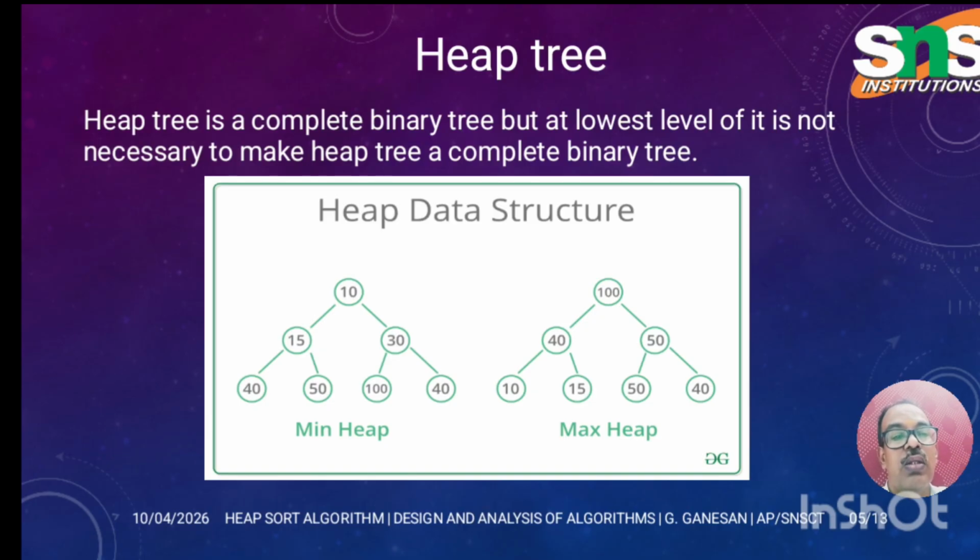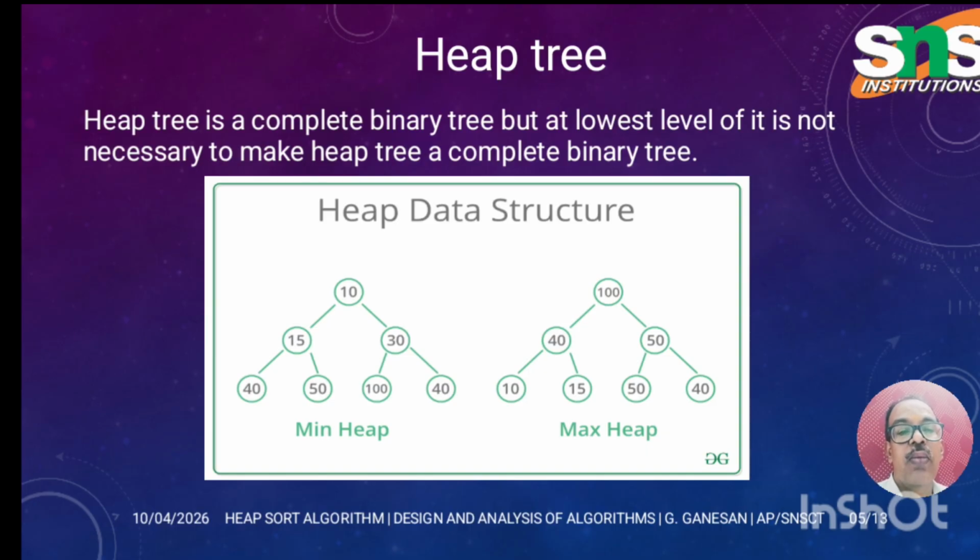Here the parent of 10 and 15 is 40, so 40 is greater than 10 and 15. Then again 100 is greater than 40 and 50. So this is called a max heap. The root node is always greater than the child nodes.